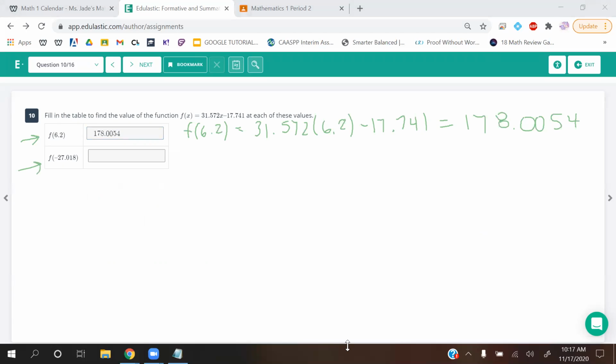We are plugging in -27.018. So that's going to be equal to 31.572 times -27.018 minus 17.741. So type that into a calculator. Remember to do the multiplication first.